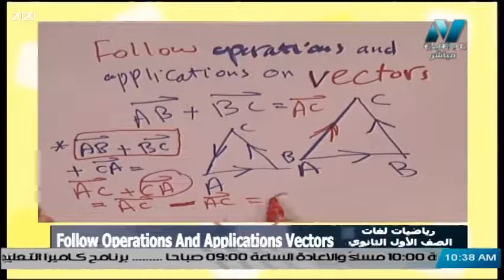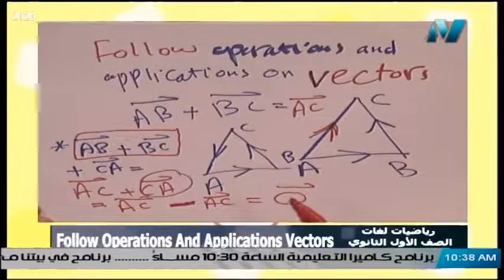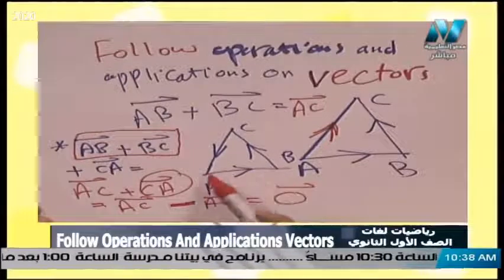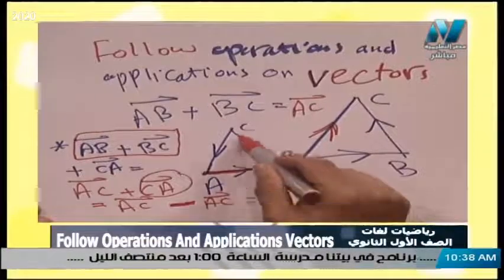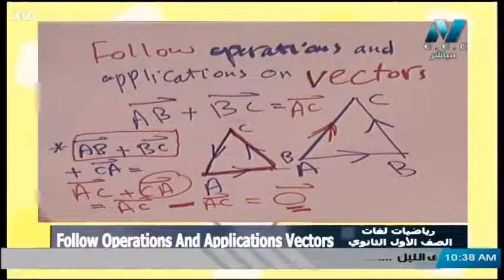So the answer will be the zero vector. So we can say that the vector AB plus the vector BC plus the vector CA equals the zero vector.